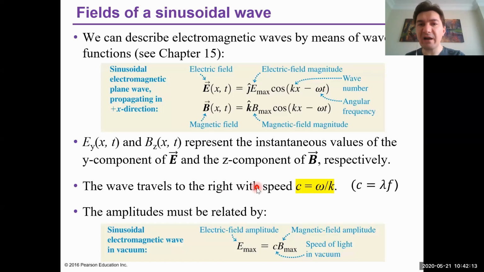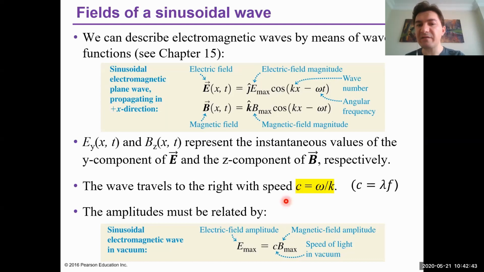And here we have k and omega. By using that k and omega, we can get the speed of light, okay, which is given with that expression. c, the speed of light, is equal to omega over k. So remember again chapter 15, to calculate the velocity of the wave from the wave function.